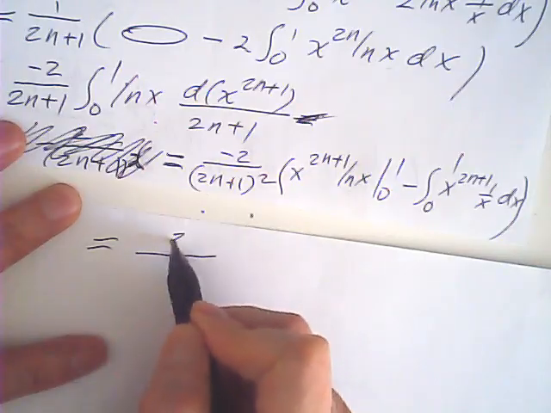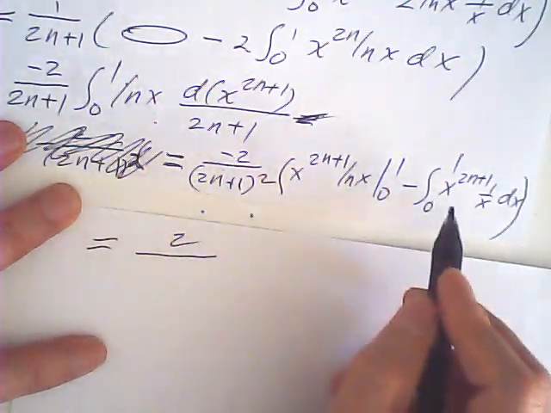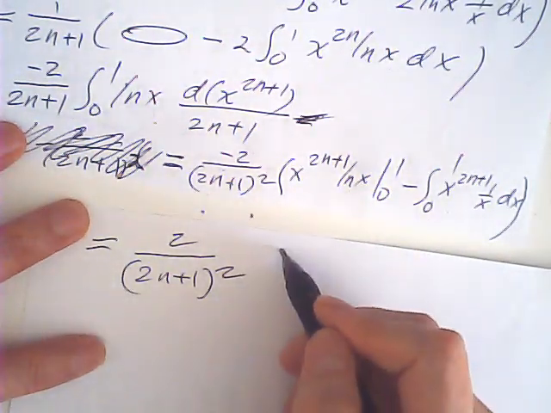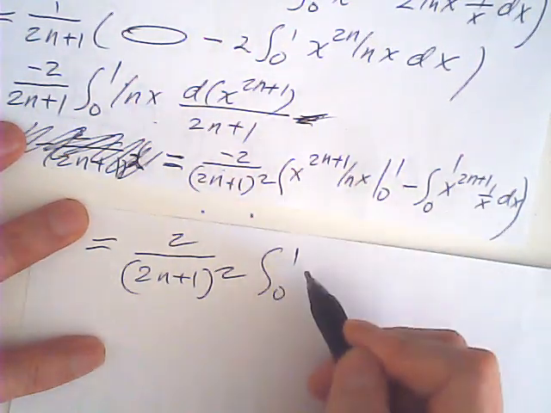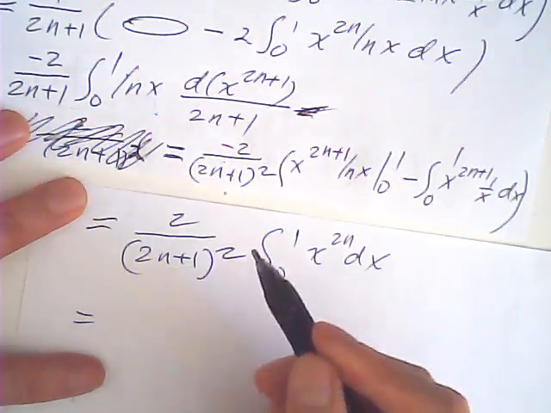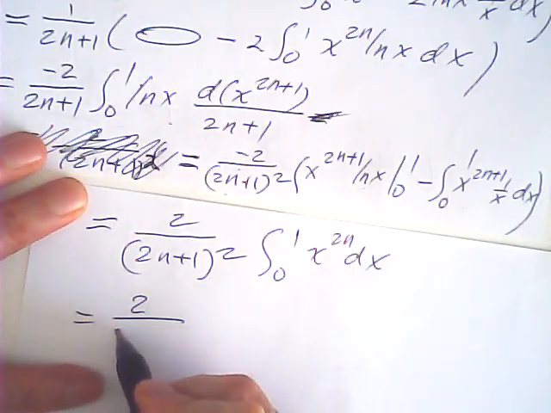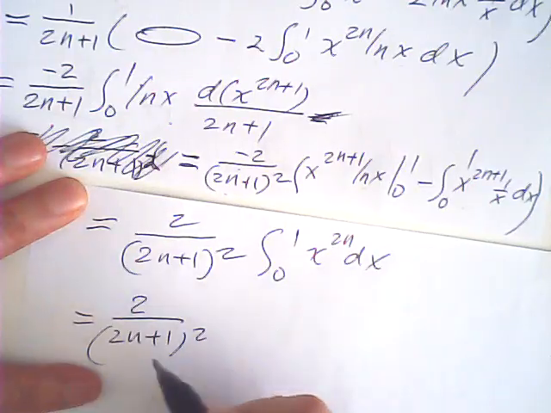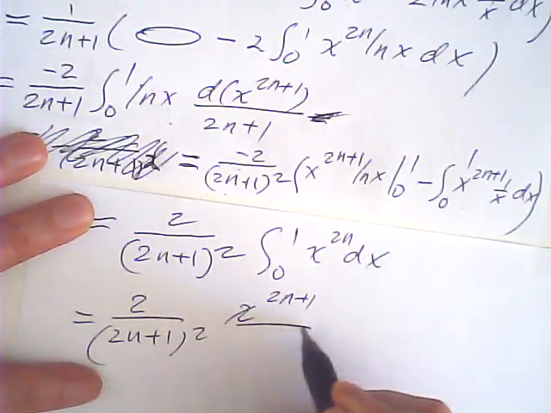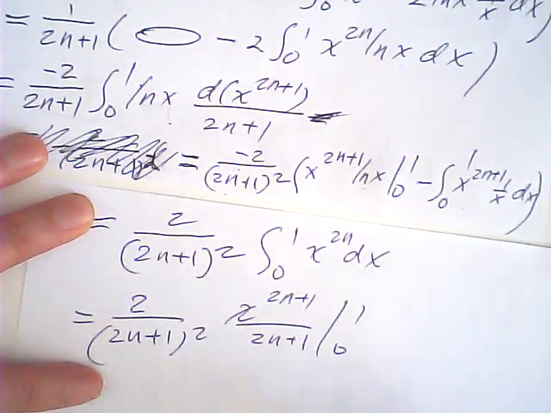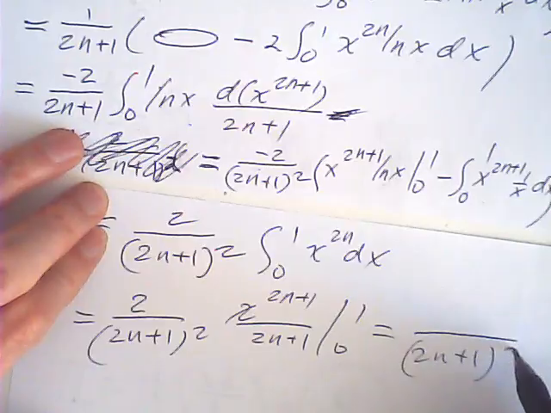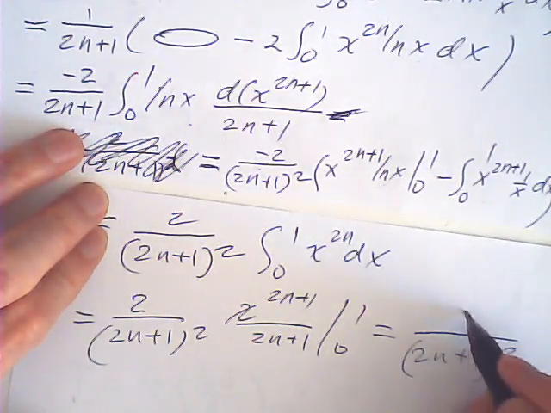So it becomes positive 2 over 2n plus 1 squared times this integral of x to the 2n dx, right? That one's easy. 2 over 2n plus 1 squared times x to the 2n plus 1 over 2n plus 1. So this will give 2 over 2n plus 1 cubed, evaluated from 0 to 1, which is equal to 1. Right?